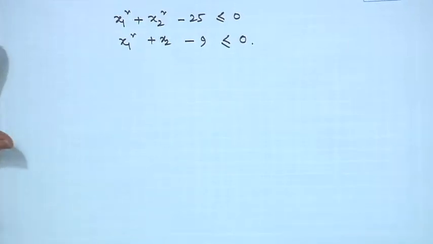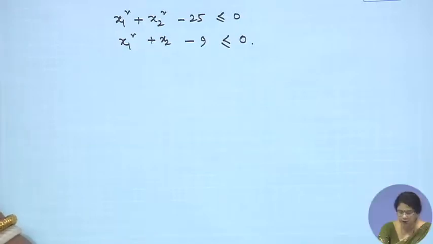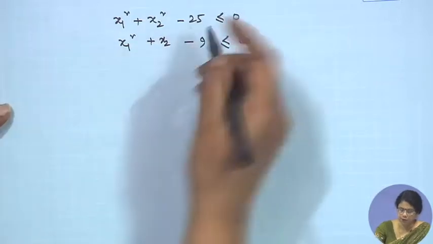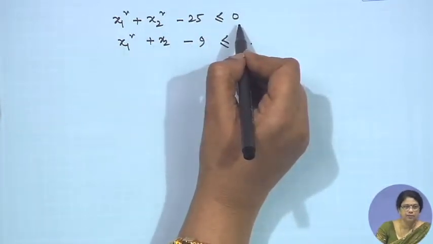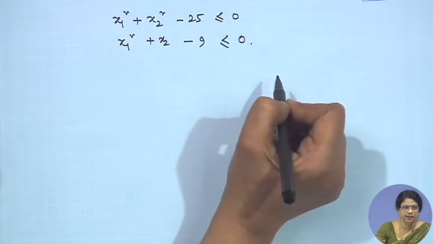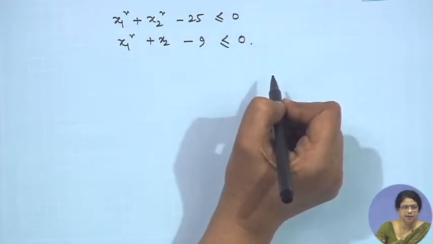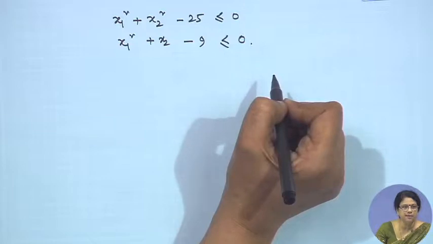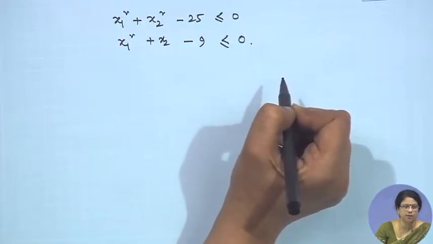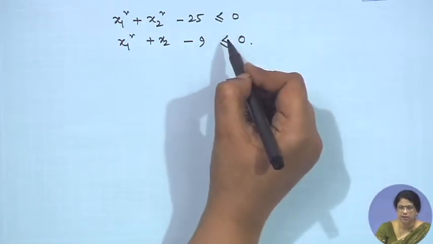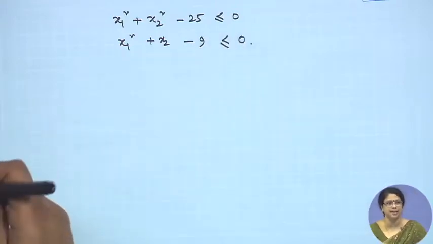Can you get the range of x1, the minimum value of x1 and the maximum value of x1? What will be the minimum value of x1? Minimum value of x1 would be 5 and maximum value would be 9, because from here we will get 5 and 9. Similarly, we are more concerned about the maximum value rather than the minimum value, but we will get the range of x. Okay, I will discuss all these things in the latter part.